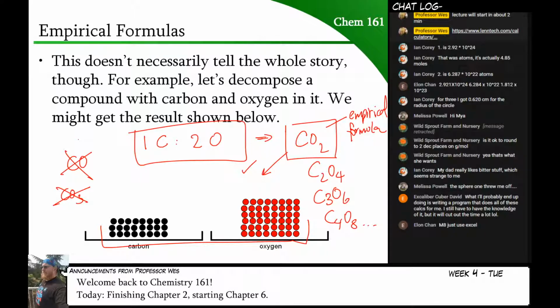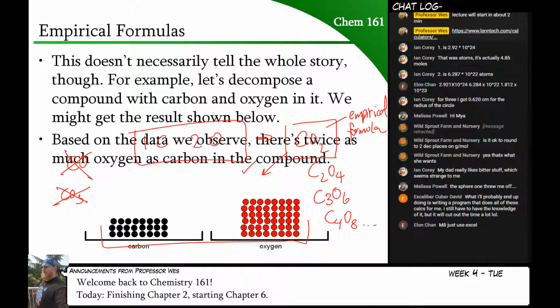The empirical formula tells you the ratio of atoms to each other, and thus gives you a selection of possible molecule formulas that this substance could be. It eliminates a lot of work for you, but it doesn't definitively tell you what the formula is, because it could be any of these. And if we don't know how many molecules we're reacting, we just don't know what the answer will be. We need to do an extra step.